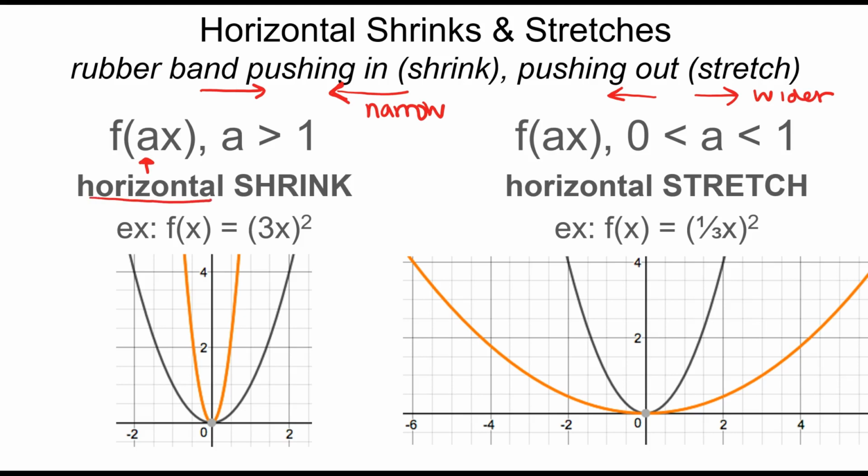If that number is greater than 1, it's a horizontal shrink. So we've got a number multiplying inside. It's bigger than 1. So this function gets horizontally shrunk in to make it wider. Here we're multiplying the function on the inside, so it's horizontal. The number is less than 1. So it is a horizontal stretch. We're pulling this function out to make it wider.